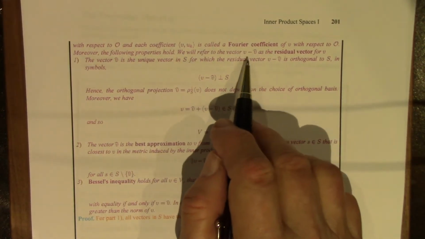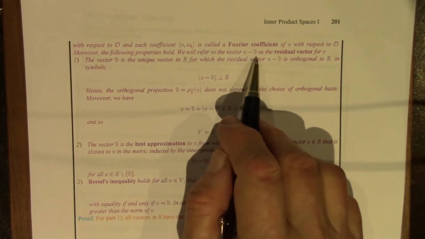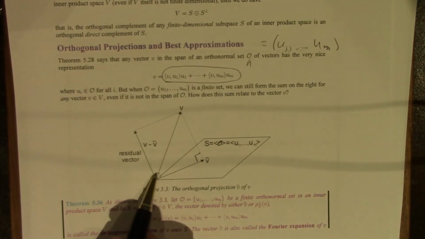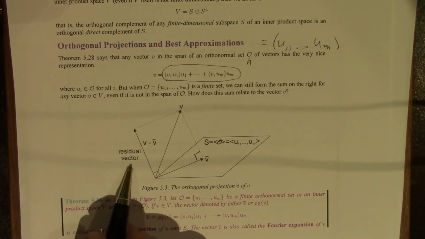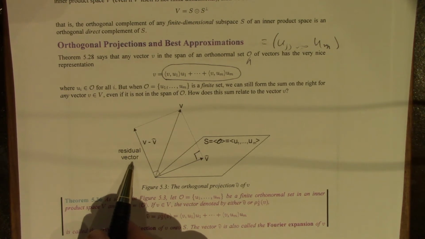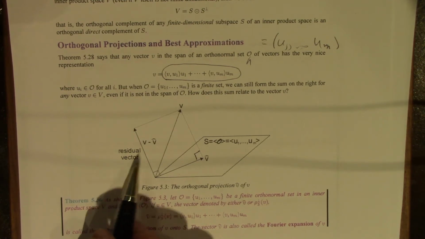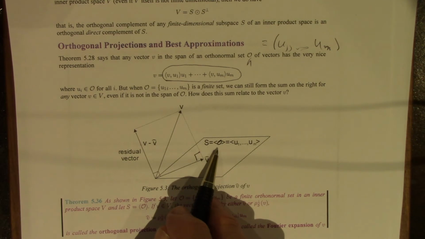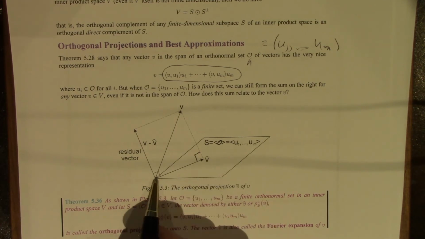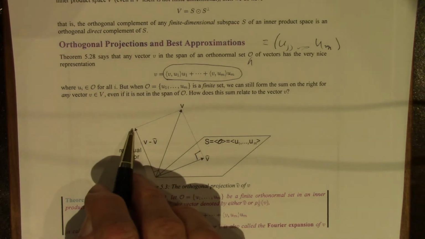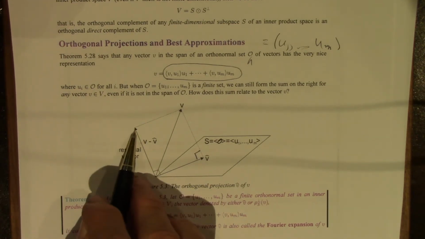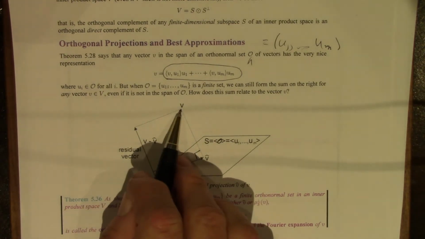The difference, v minus v hat, that's this vector here. This is a parallelogram. It is called the residual vector for v with respect to O. So we have the orthogonal projection and we have the residual vector. The sum of these two is the original vector v.